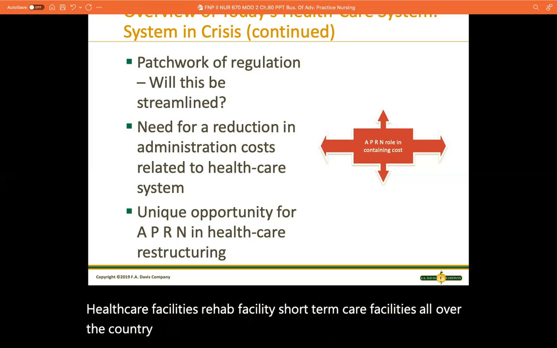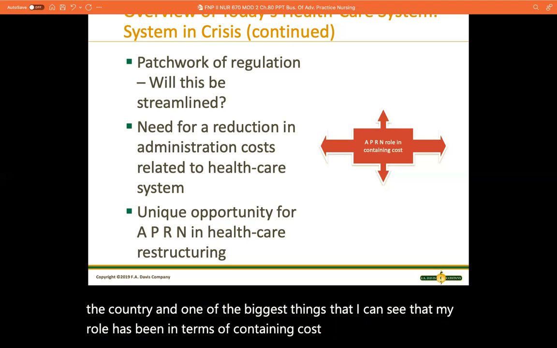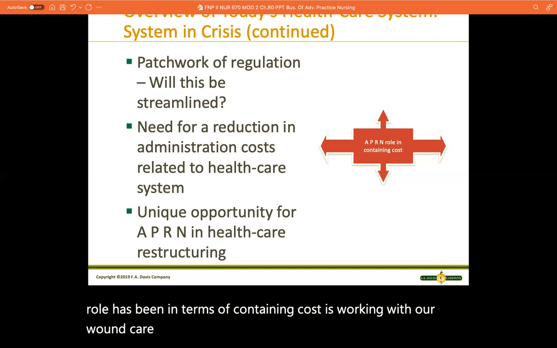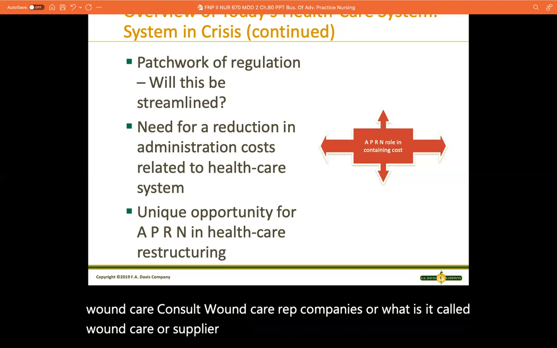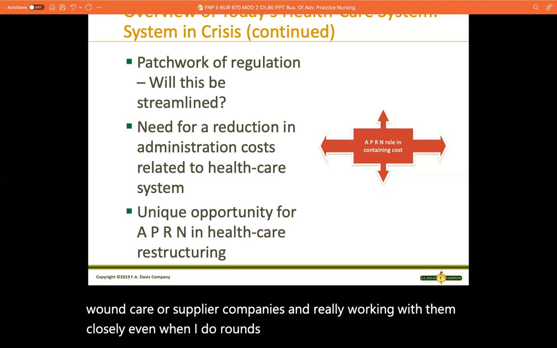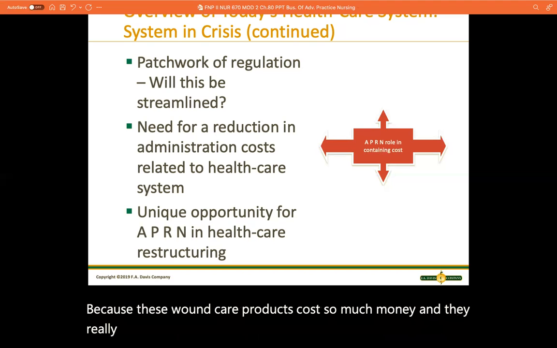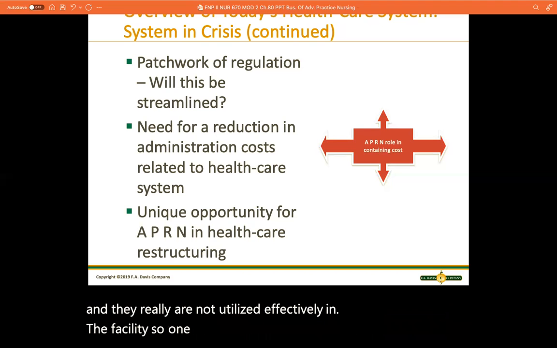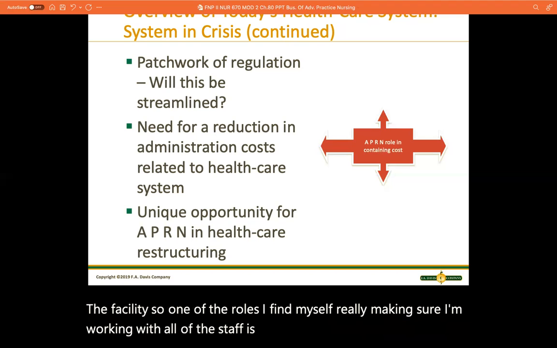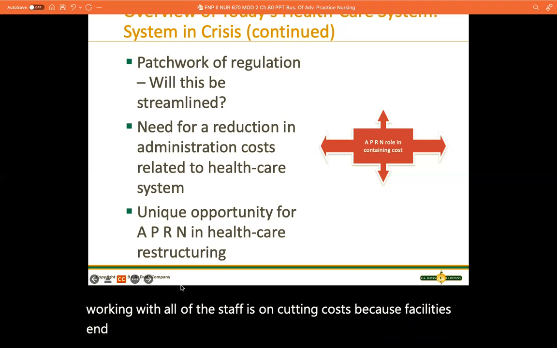And one of the biggest things that I can see that my role has been in terms of containing costs is working with our wound care rep companies, or wound care supplier companies, and really working with them closely, even when I do rounds, to make sure we're containing costs, because these wound care products cost so much money and they really are not utilized effectively in the facility. So one of the roles I find myself really making sure I'm working with all of the staff is on cutting costs, because facilities end up paying for the wound care supplies if the insurances deny their claims.